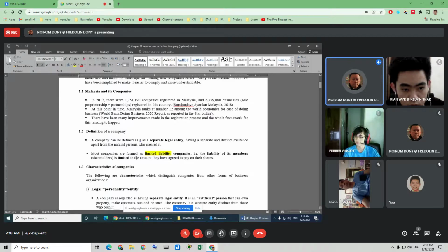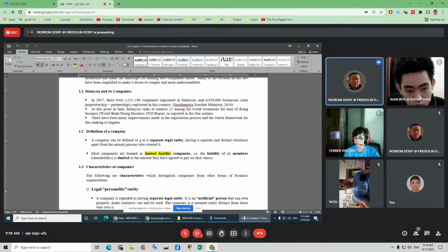So most companies are formed as limited liability. What is the meaning of limited liability? It is the liability of the shareholders up to the share that they have in the company. If the shareholders have already paid all the share in the company, that's it.